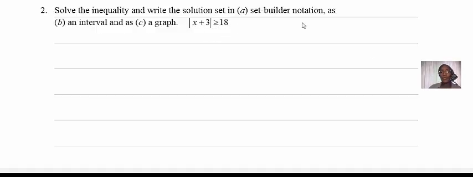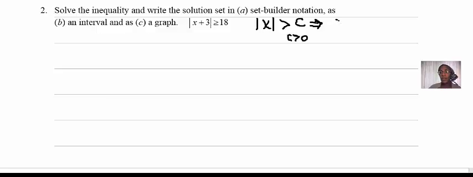Now the rule that we're going to be using here about absolute value inequalities tells us if the absolute value of x is bigger than c, and again, x is an algebraic expression, c is some positive constant, that's why we're using the letter c, then either x is less than -c or x is bigger than c.